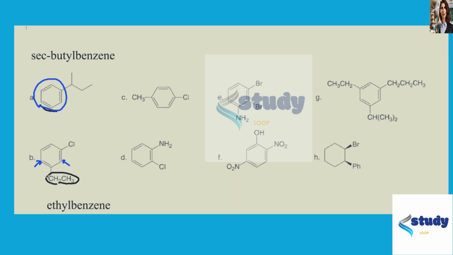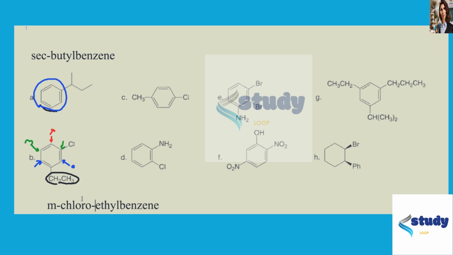in accordance to this ethyl group, we have 2 ortho positions, 2 meta positions, and 1 para position. So the proper way of writing this chloro substituent is, in respects to this ethyl group, this chloro is meta to this ethyl group.